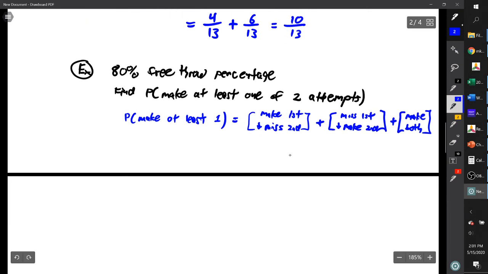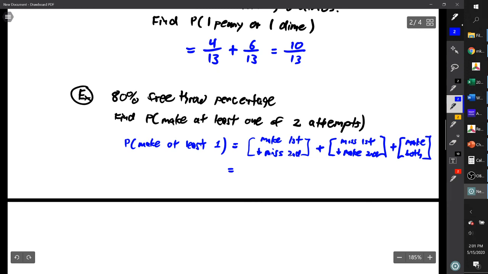So then what that ends up looking like with the math is making the first but missing the second would be a 0.8 chance of making the first, and we're multiplying because they're independent events, a 0.2 chance of missing the second.